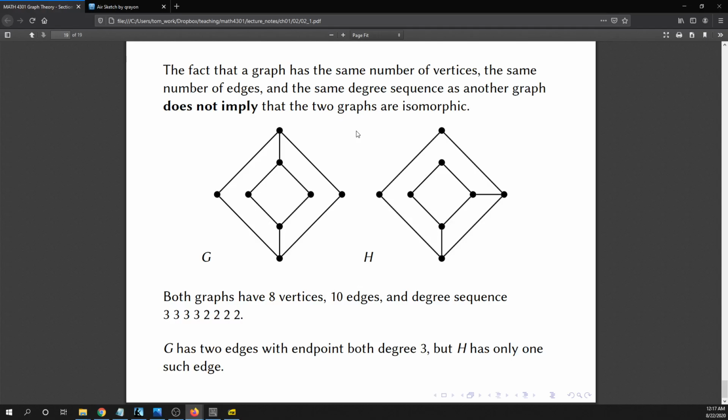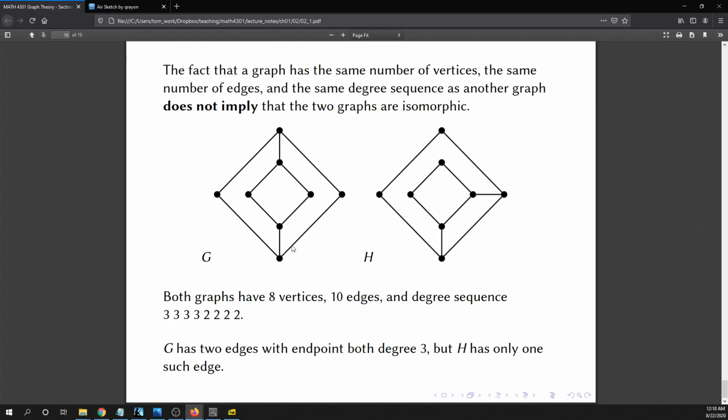Okay, so just verify this with me here. You can see that each graph has 8 vertices: 1, 2, 3, 4, and then 1, 2, 3, 4 here. So 8. Same thing over here. 1, 2, 3, 4. 1, 2, 3, 4 here. So they both have 8 vertices. They both have 10 edges. All right.